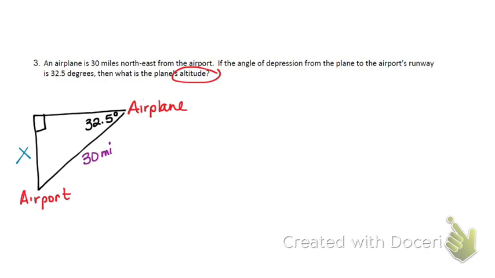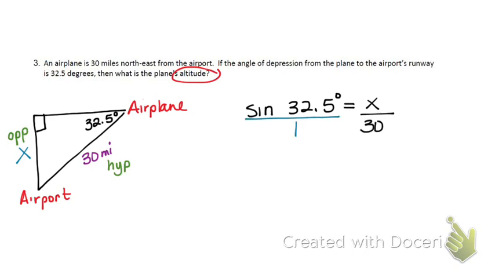So this is your hypotenuse, and is x opposite or adjacent? Opposite. So what trig ratio uses opposite and hypotenuse? Which one would you use? Sine. Yep. So you have the sine of 32.5 degrees equals opposite over hypotenuse. Go ahead and cross multiply and solve that for x.